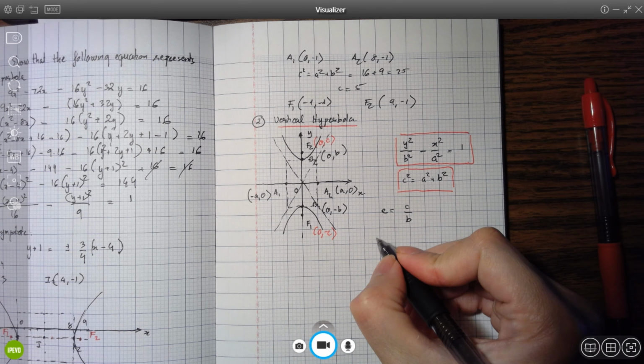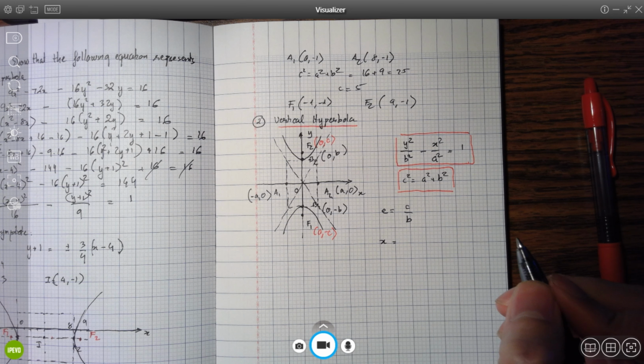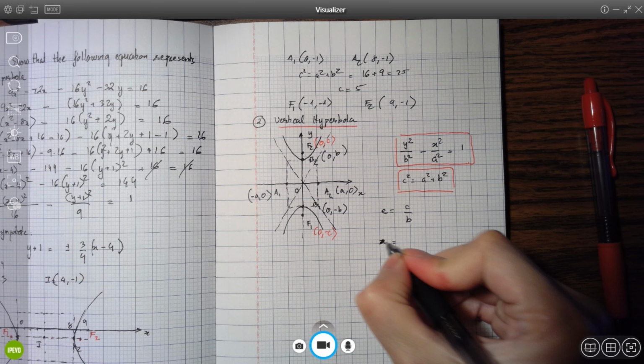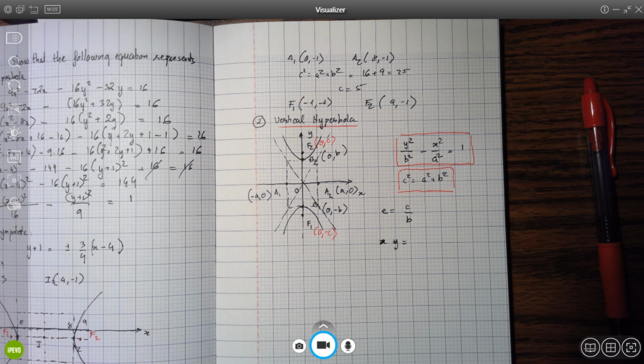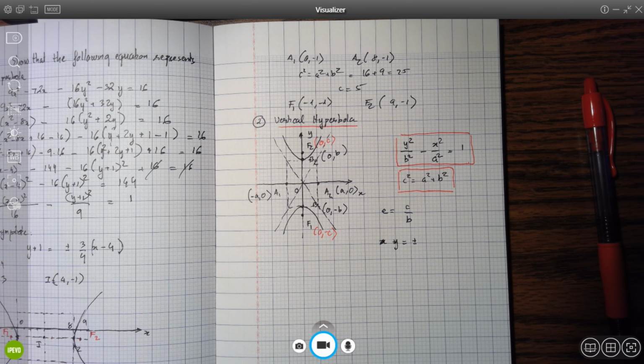The directrix will be y, I'm sorry, it's not x anymore, y equal to plus minus b squared over c, instead of a squared over c, because right now b is the main one.